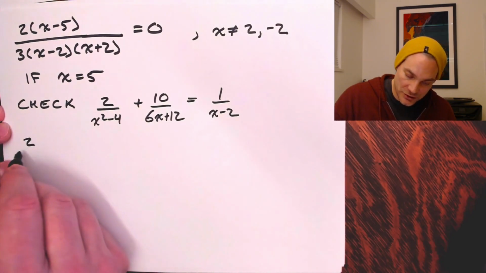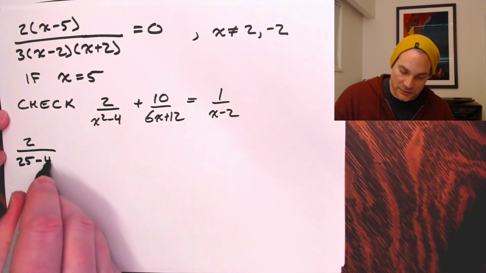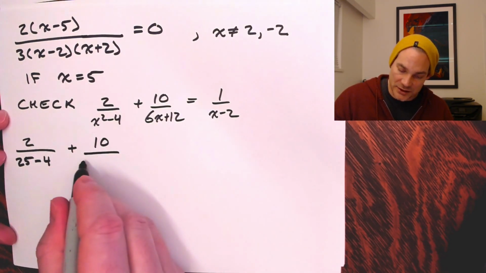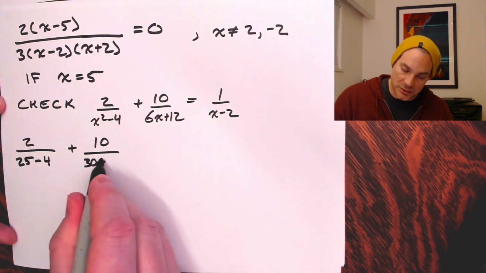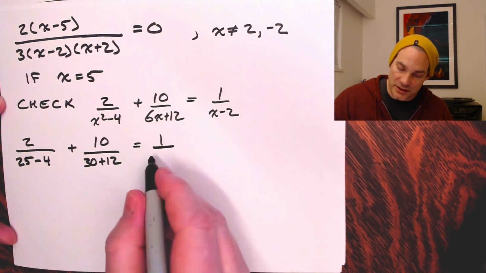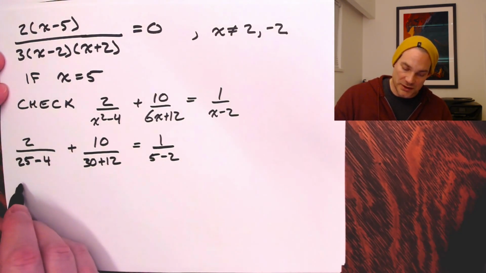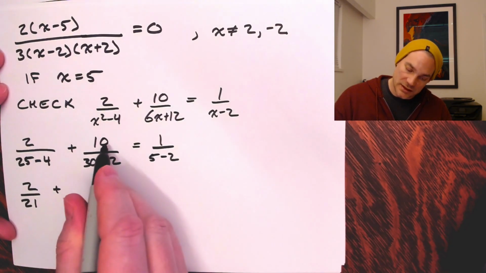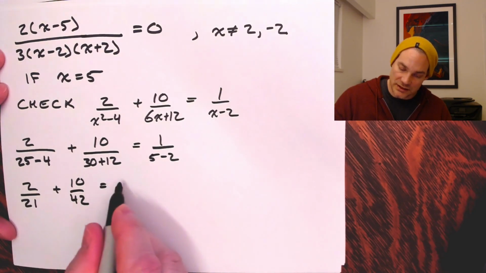So now I have 2 over 5 squared, which is 25, minus 4, plus 10 over 6 times 5, which is 30, plus 12, equals 1 over 5 minus 2. So this is 2 over 21, and this is 10 over 42, and this is 1/3.